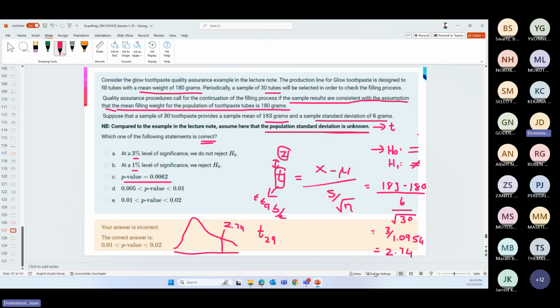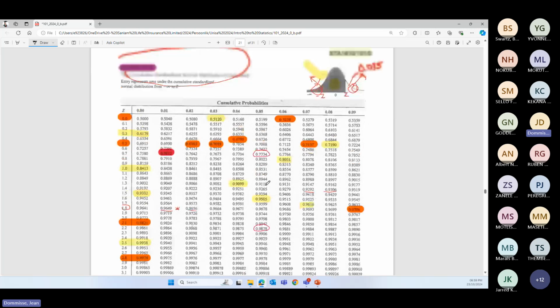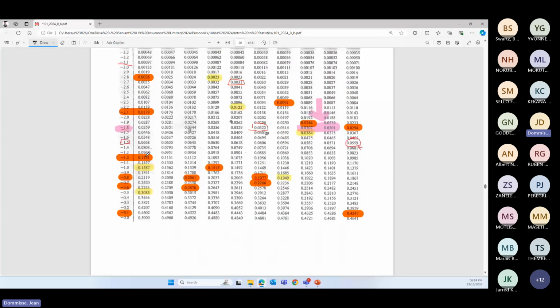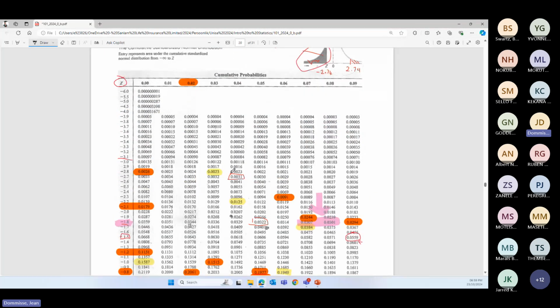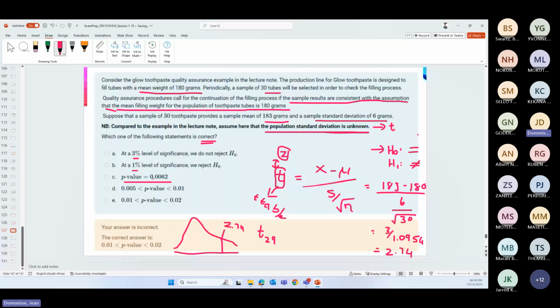So let's just check 2,74, negative 2,74, was 0,0031. If it was one tail, we're working with two tails, so it would have been 0,062, but that is for Z. We're working with a T.